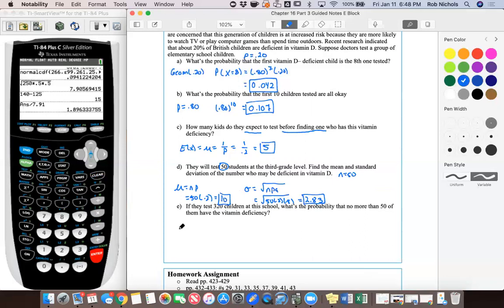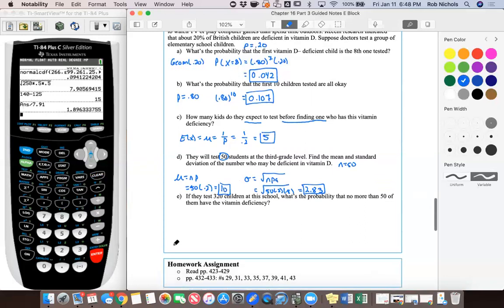And last but not least, if they test 320 children at this school, so now our n becomes 320, what's the probability that no more than 50 of them have vitamin deficiency? So we're going to do this in 2 methods, okay? So method 1, let's look at the binomial.